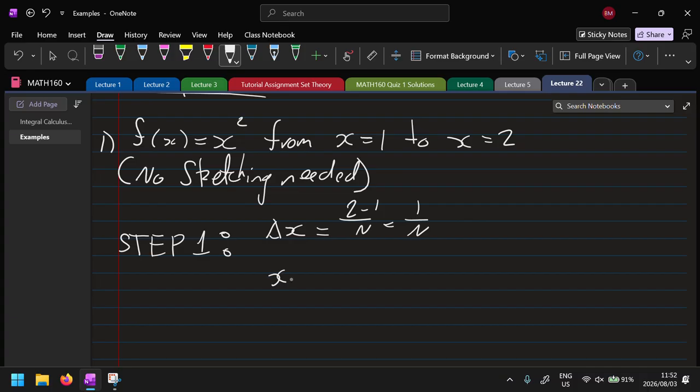Then we need xi. That will be a plus I delta x. A is 1, so we put 1 plus I. And then delta x we calculated just a bit before. That will be 1 over n. Yeah, all good.